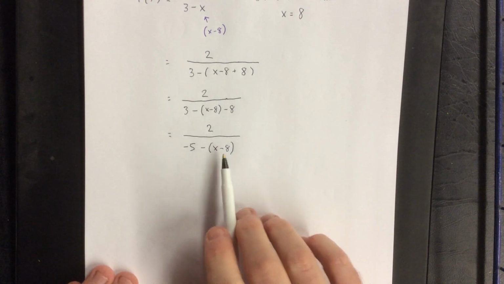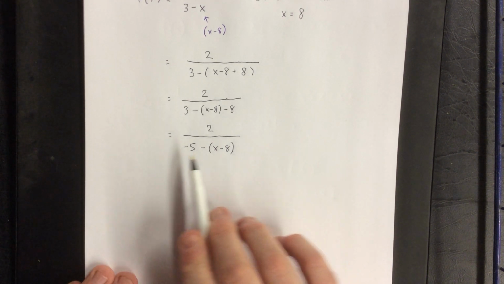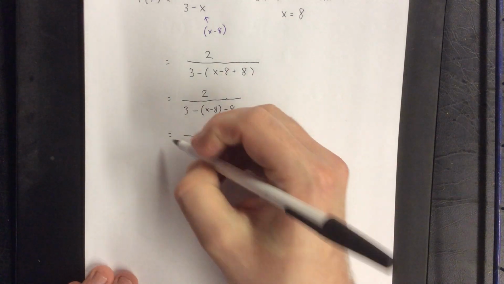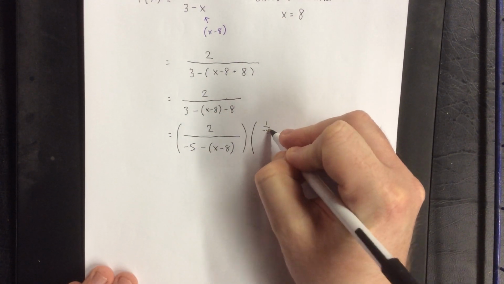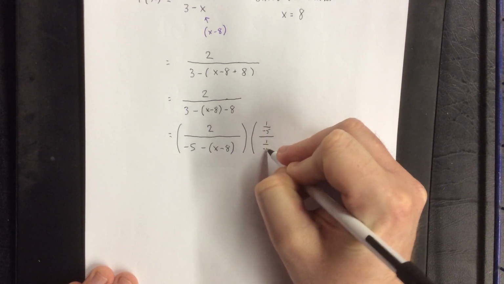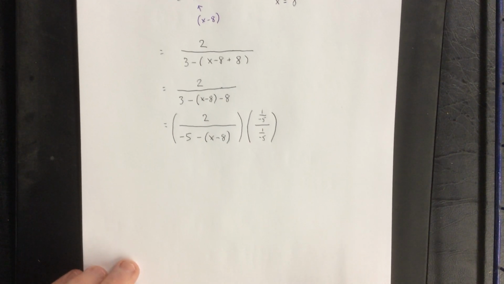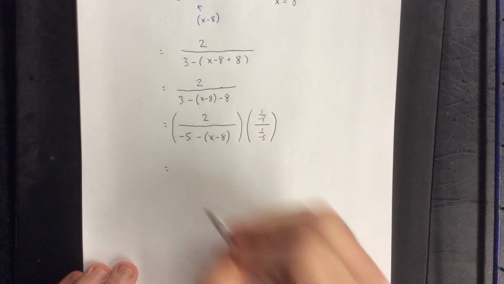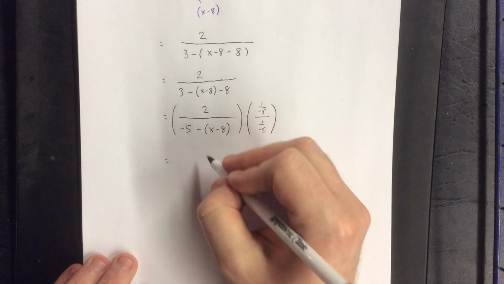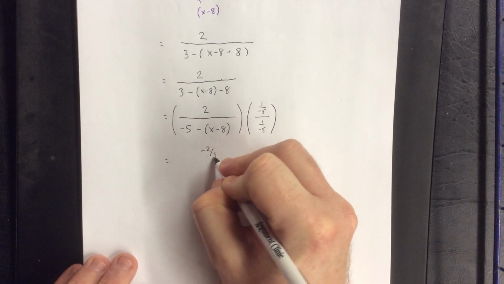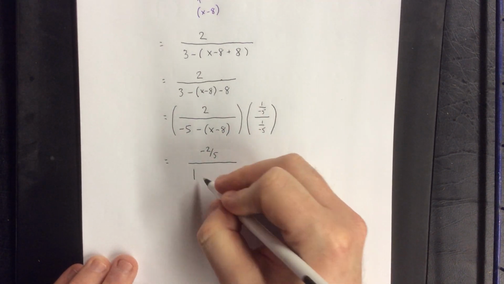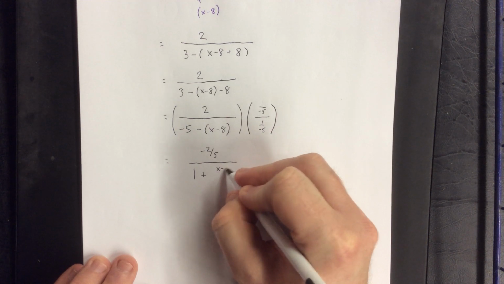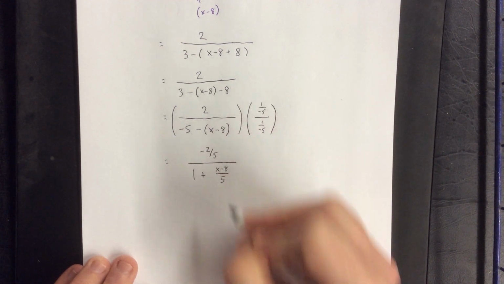Now, once we have our shifted center, the next thing that we're going to need is to make sure that this guy right here is 1. So we'll do the same thing as what we did for the previous example and divide top and bottom by -5. When we do that, we're going to get -2/5 divided by 1 plus x minus 8 over 5.